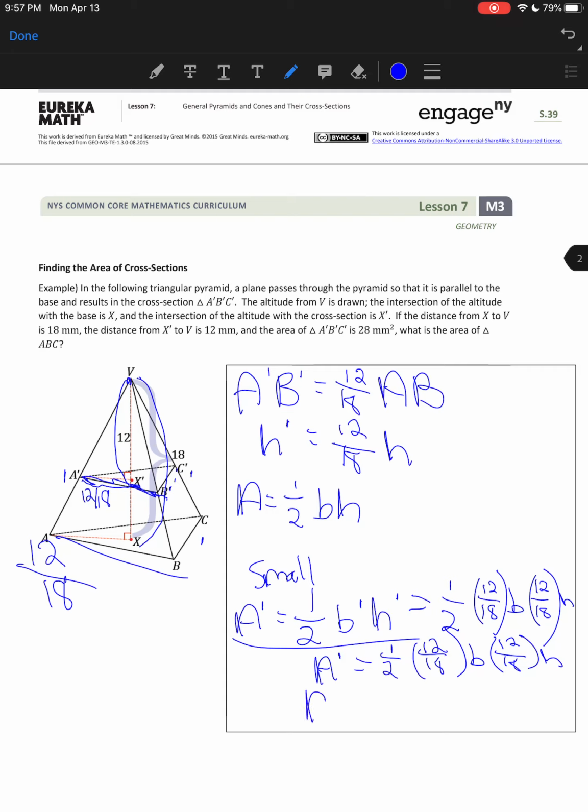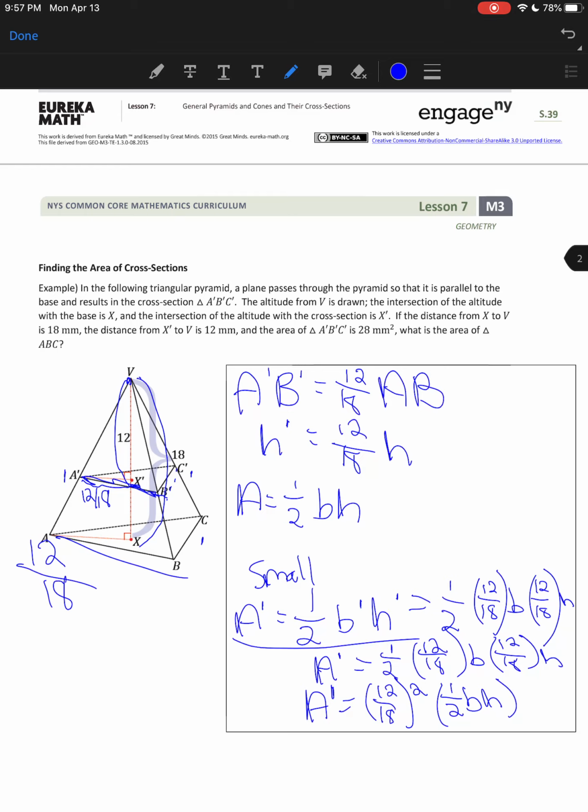So again, we have the area of the cross section equal to, let's say we combine these 12/18 here. Let's say we multiply them together. That would give you basically just 12/18 squared, times 1/2 base times height.